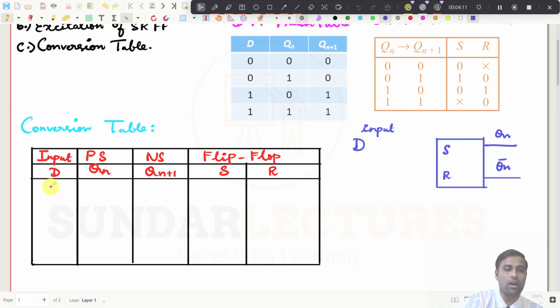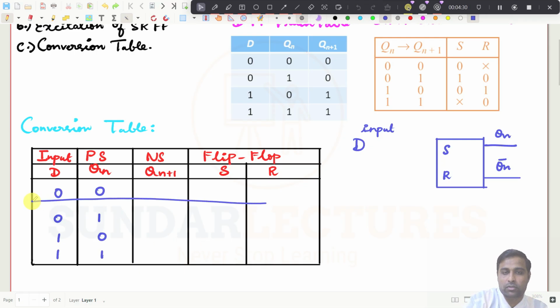That is the idea. So for that, you just take this truth table directly here, 0, 0, 1, 1, and this is 0, 1, 0, 1, straight away. You don't need to change anything. Straight away you take these values.